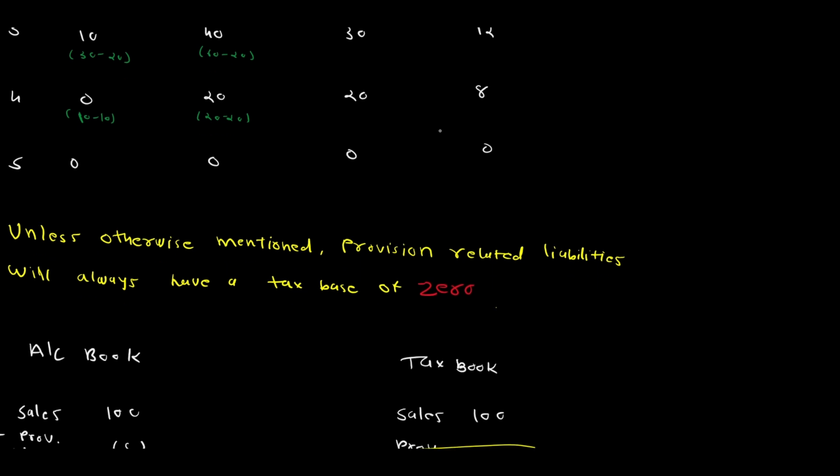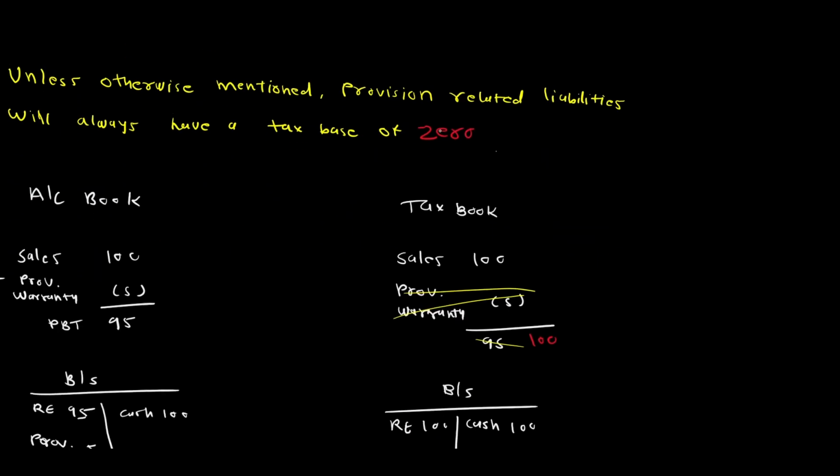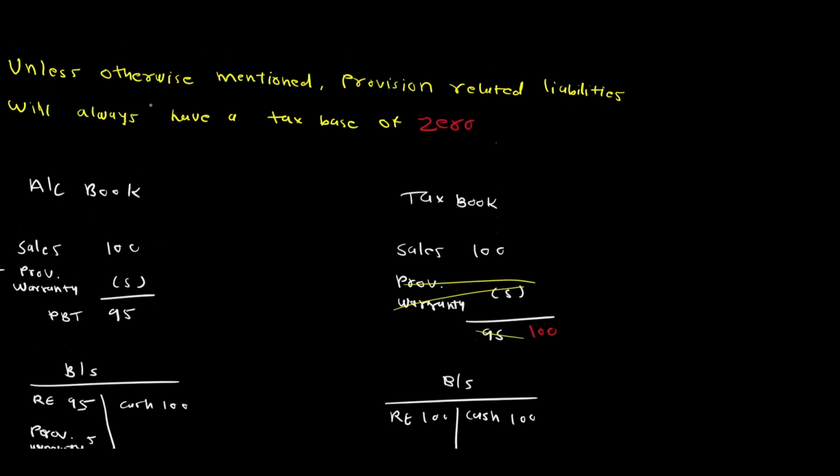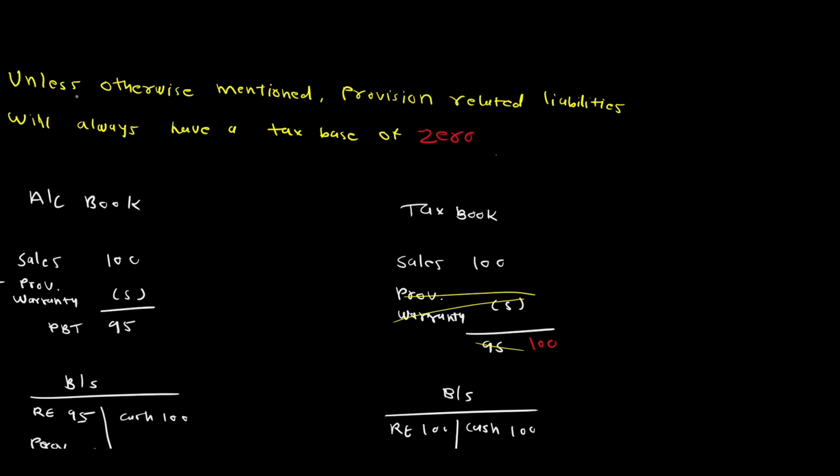Let's move to another topic that explains that, unless and otherwise mentioned, provision related liability will always have a tax base of 0. It means you can't show provision related liabilities in the tax book.